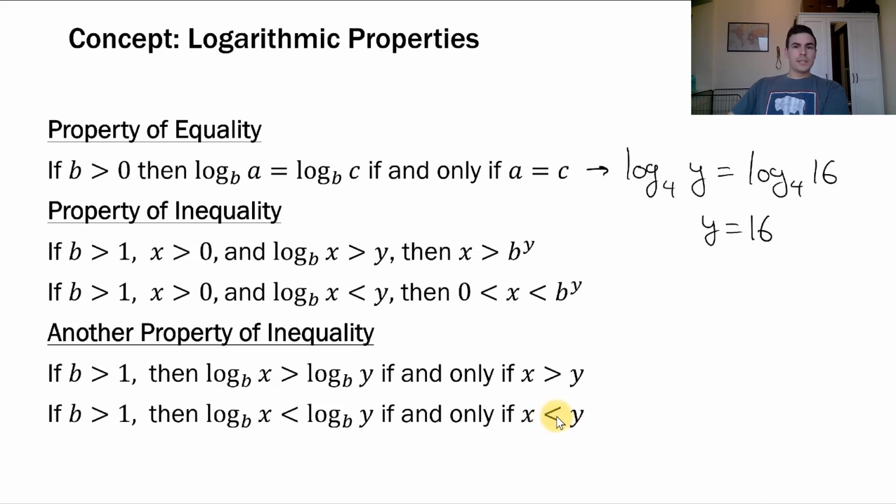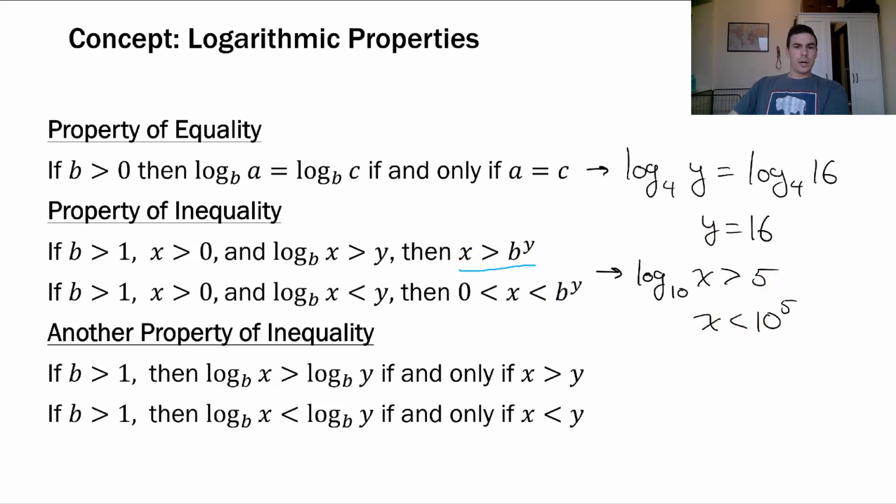So some examples here. If I've got log base 4 of y equal to log base 4 of 16, that is true only if y is equal to 16. And if I've got log base 10 of x is greater than 5, then I know that x is greater than 10 raised to the 5th power. I'm just getting that from right there.